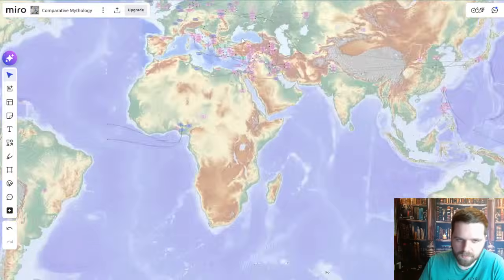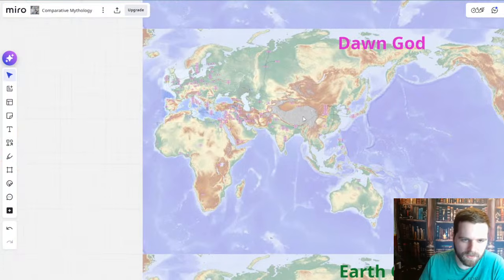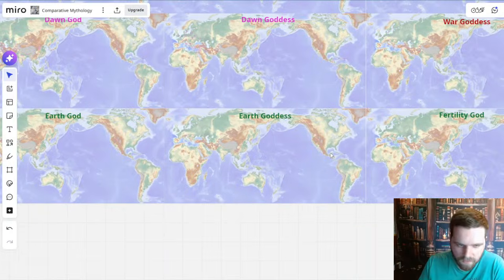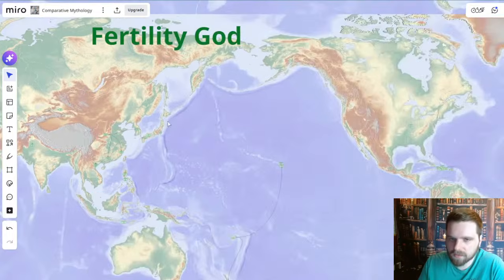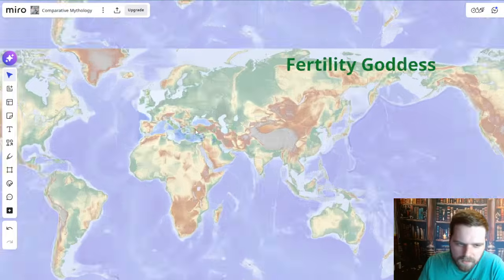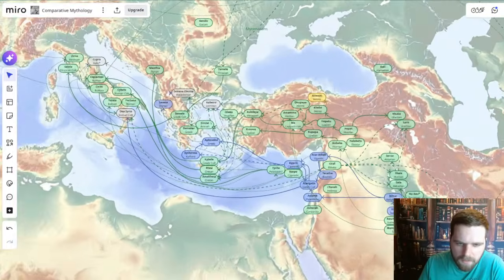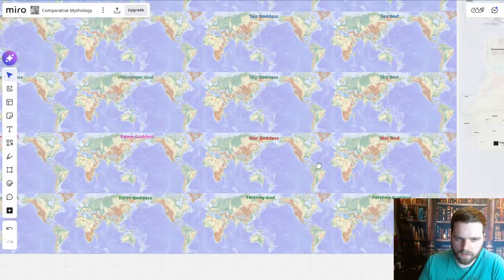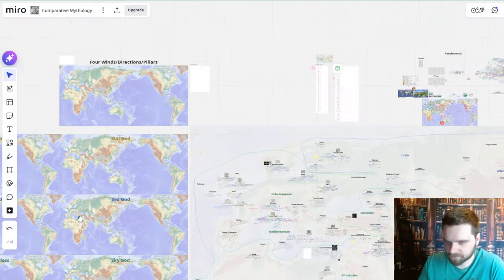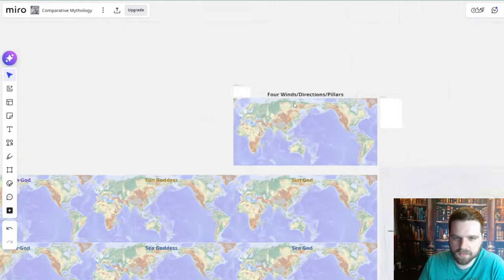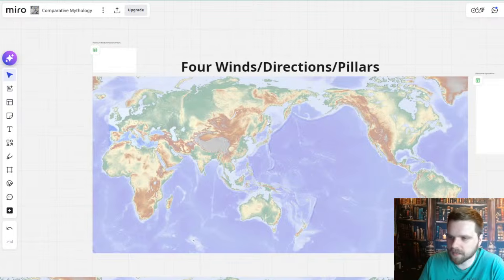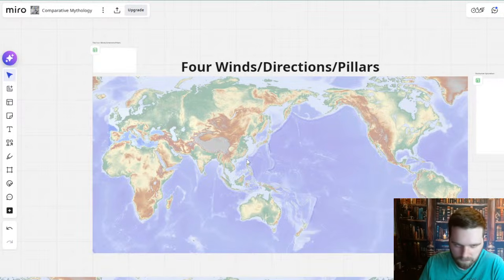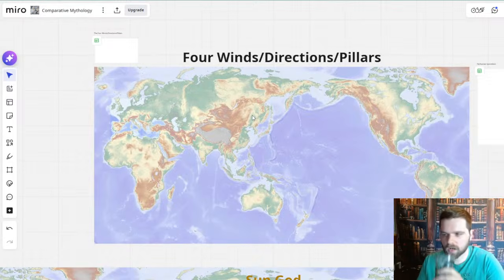Here's the Dawn Goddess one. Here's the Dawn God one. Over here is one I'm working on. And then here, I think this is the Kybele one, the first one I did in that series. So I work on little bits of all of that, but this is a separate, fun topic. I will have some maps that are a little more dedicated to specific things. So that's what this is going to be.